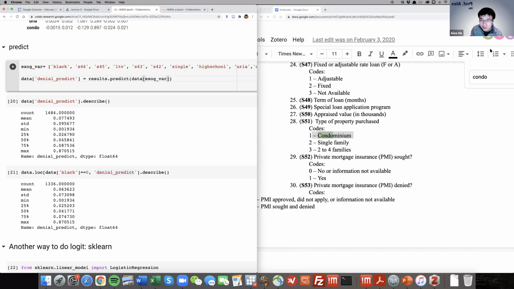I don't know if you're thinking about that type of situation. In this particular example, we're just using Logit to test what the effect of the black variable is. So this is one use of it.